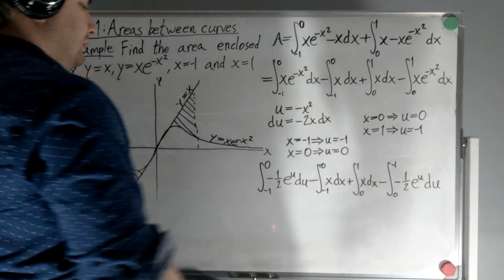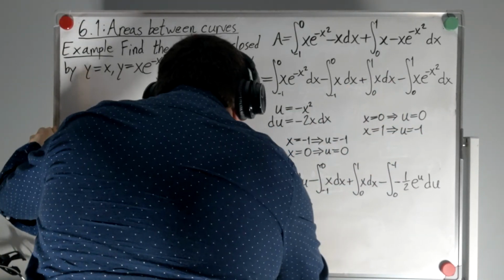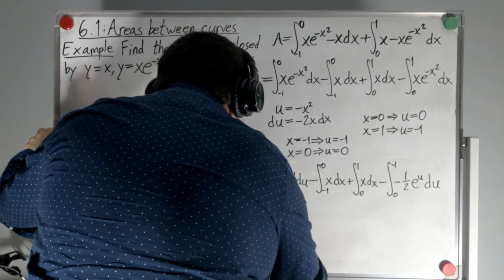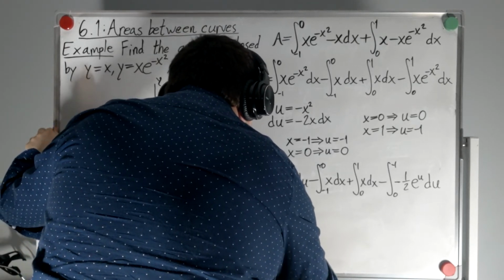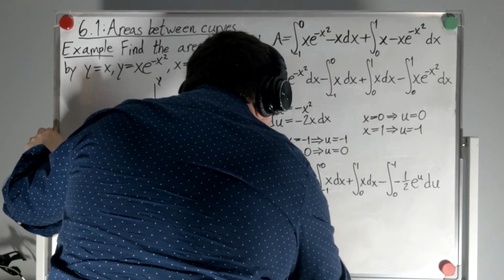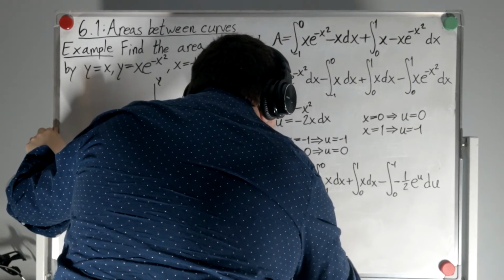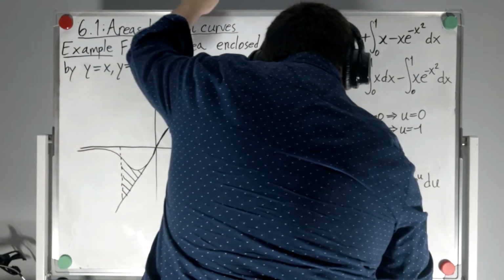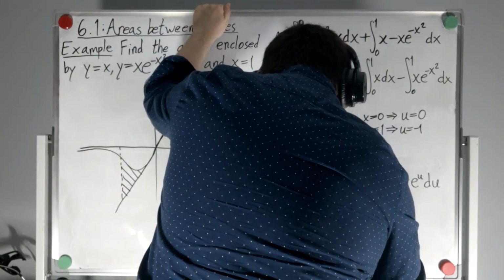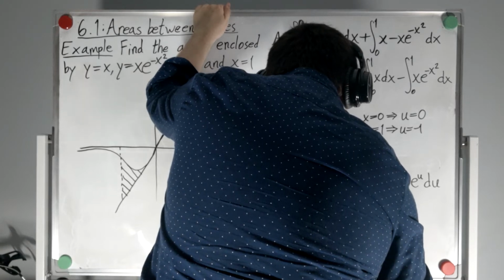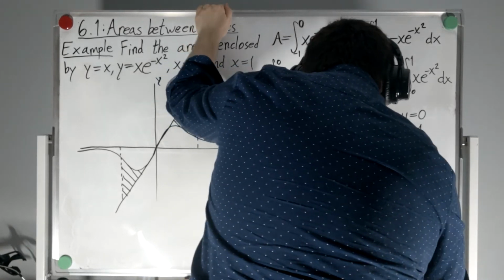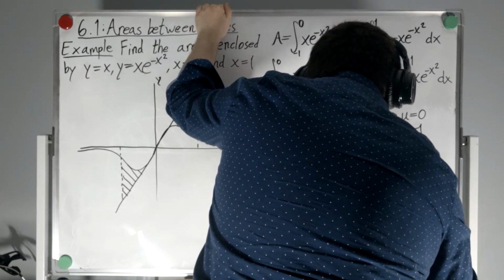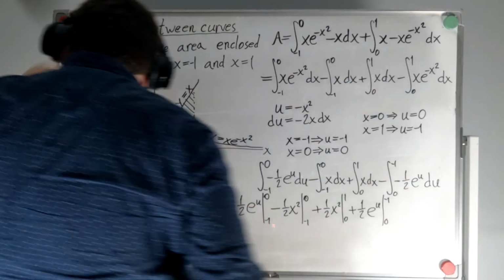Okay, so what we have here is this is just going to be -1/2 e to the u, evaluated from -1 up to 0, minus 1/2 x squared, evaluated from -1 up to 0, plus 1/2 x squared, evaluated from 0 up to 1, plus 1/2 e to the u, evaluated from 0 up to -1.